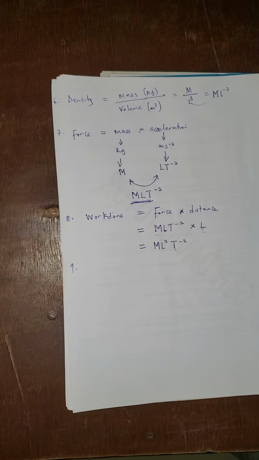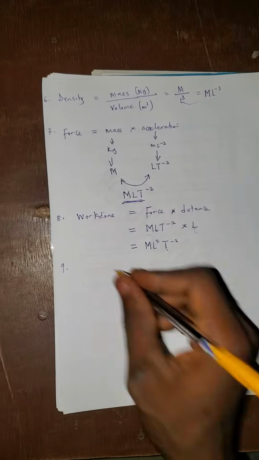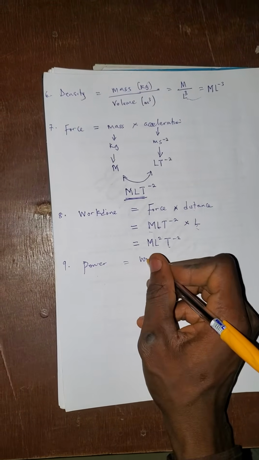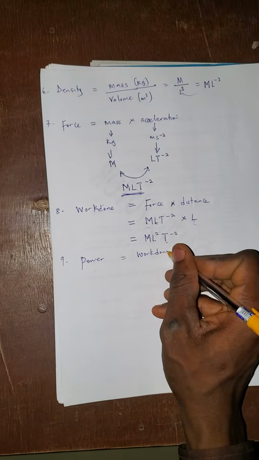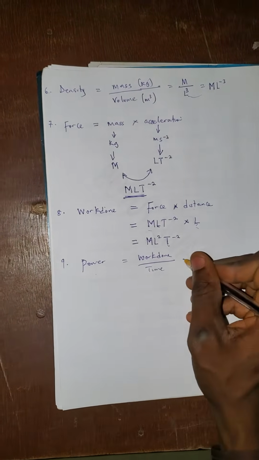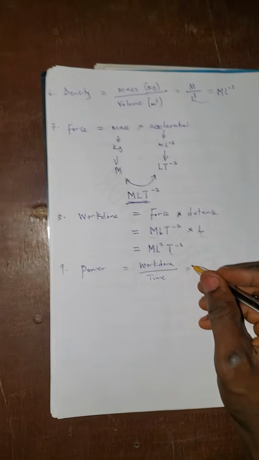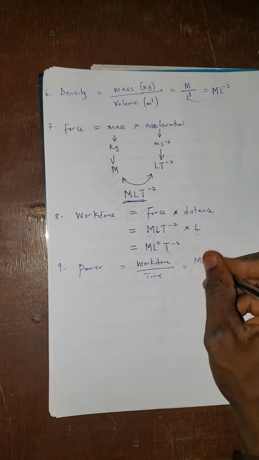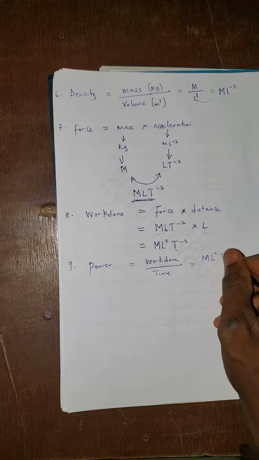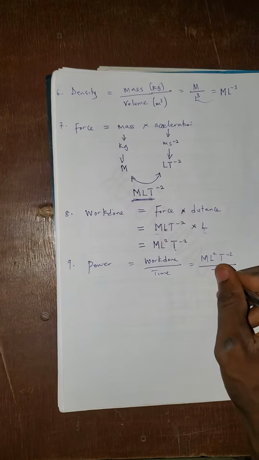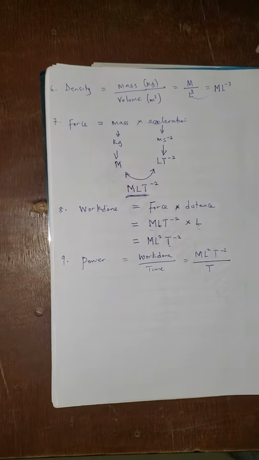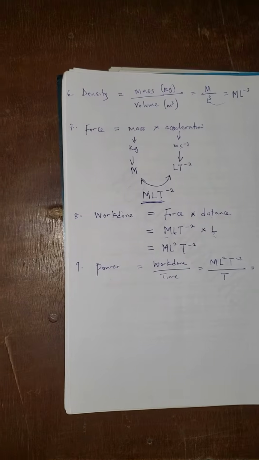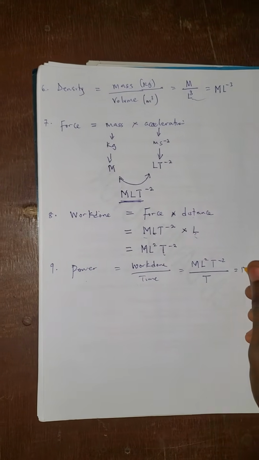Number 9, we have the dimension for the power. Now, power is work done over time. We've calculated work done here, and the work done we have here is M L squared T raised to minus 2, all over T. Now let us balance this equation.